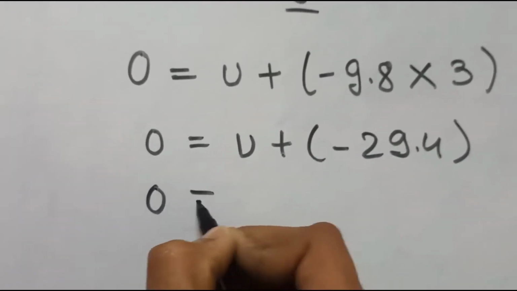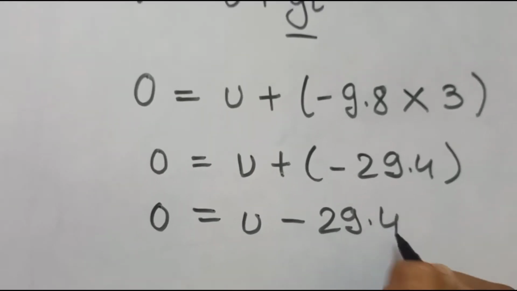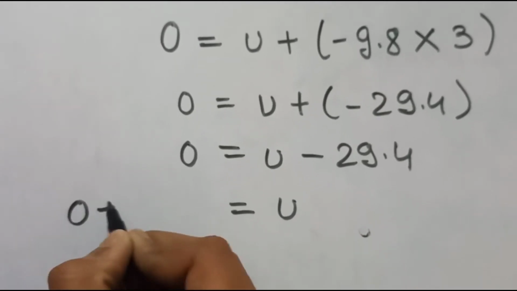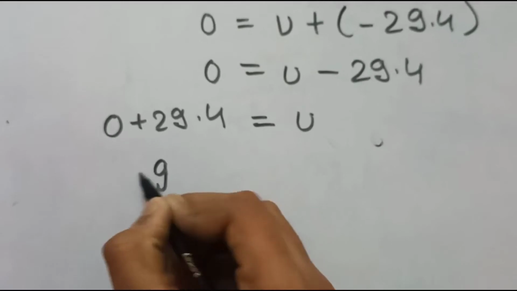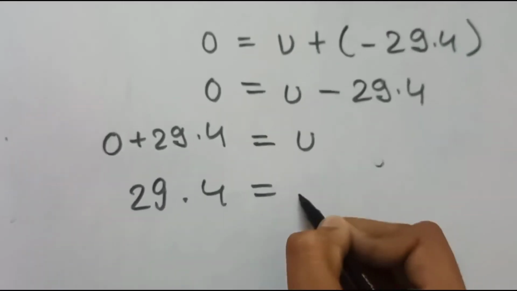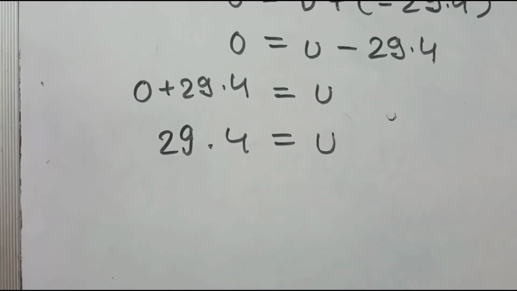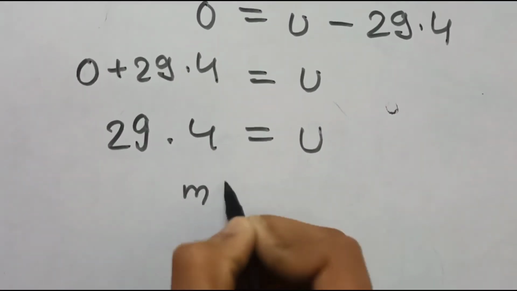So 0 is equal to u minus 29.4. So u is equal to 0 plus 29.4. So 29.4 is equal to u. So the initial velocity, the velocity with which the ball was thrown upwards, will be 29.4 meter per second.